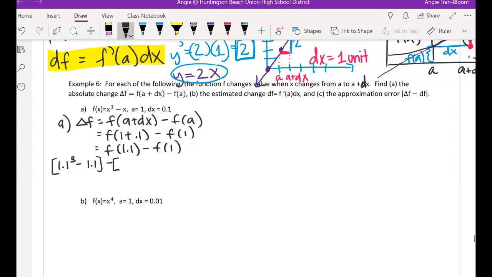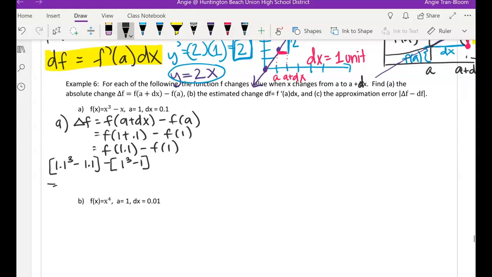Close that up, take away 1 to the third minus 1. This is going to give me 1.331, take away 1.1, box that up, minus 0. So that's going to give me 0.231. So that is my actual change.